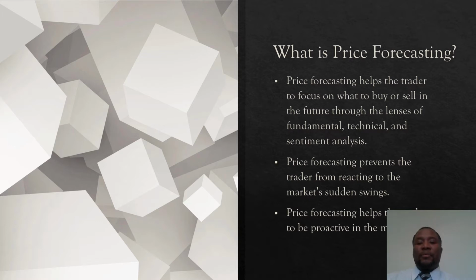Let's start with the first definition of price forecasting, helping the trader to focus on what to buy or sell. Usually when someone looks at the market, talking about charts, you will have different levels or different trends you're looking at. Either the market is trending up, or sideways, which is ranging, or in a downtrend.